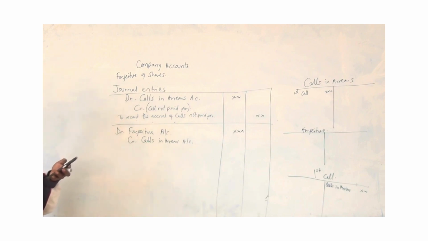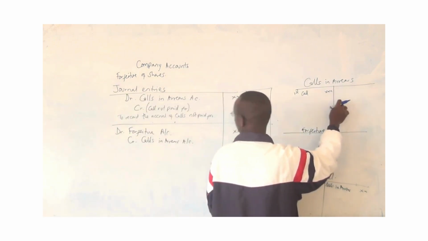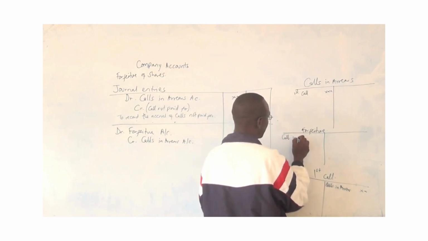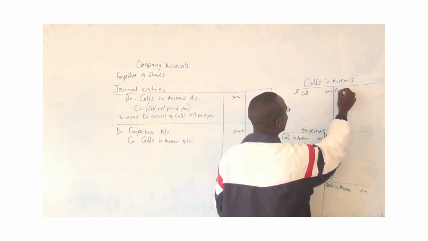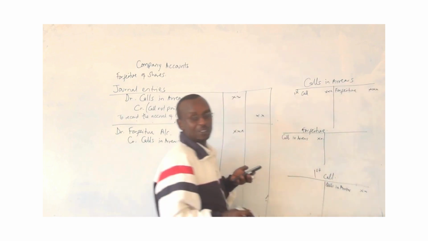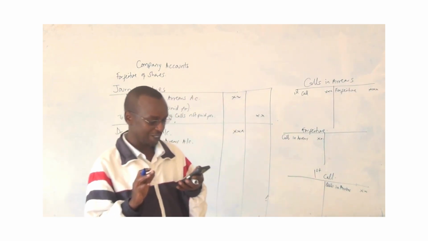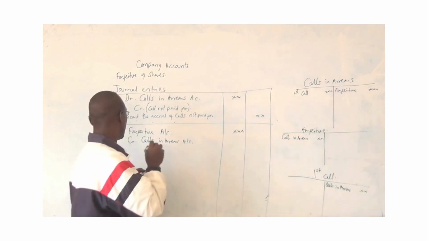So this one, you credit calls in arrears account. Now the amount that was given, you debit forfeiture account. The double entry comes here, and let it be understood. Isn't it? Then this one is to record forfeiture of shares.